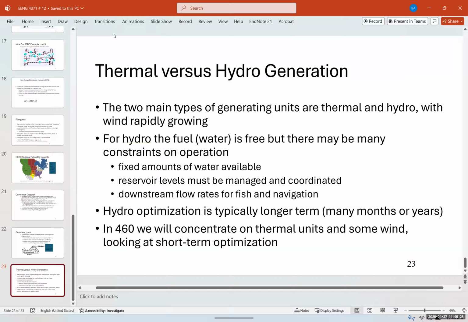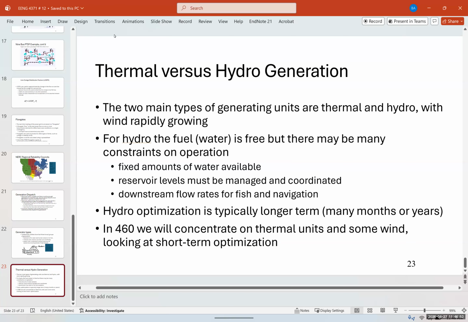Water used today cannot be used next month. You also have to manage reservoir levels, coordinate with upstream and downstream facilities, and satisfy environmental flow requirements for fish and navigation. So hydro optimization is a multi-period problem that spans months or even years.